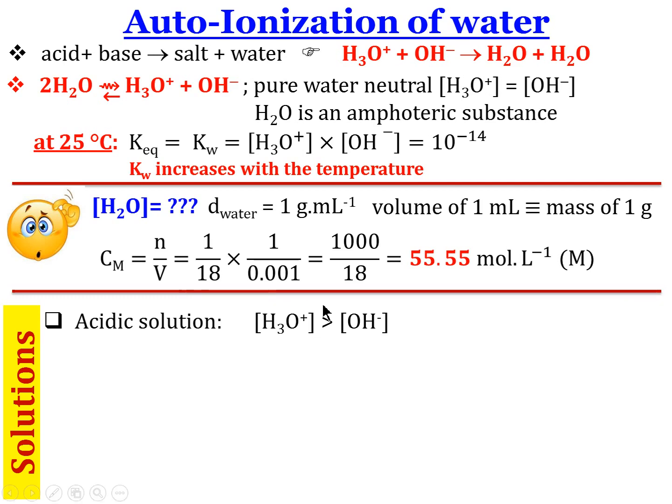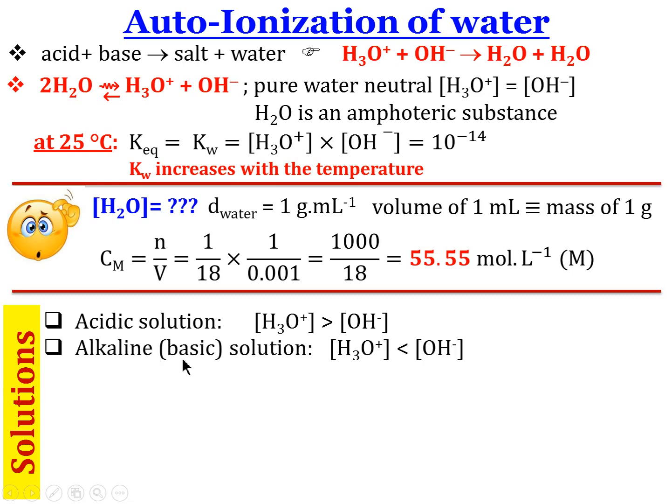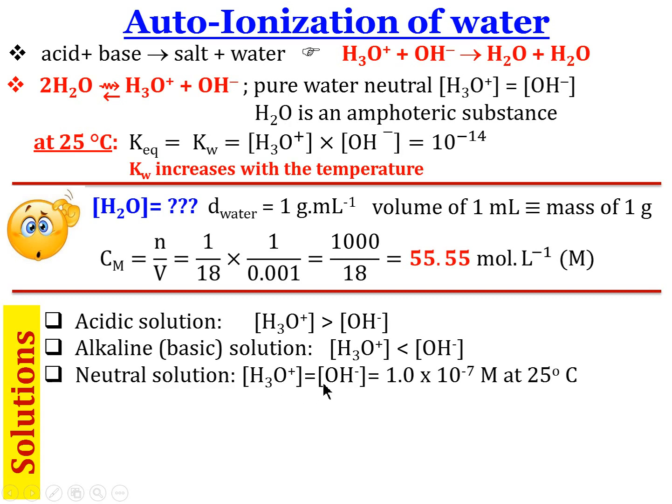If the concentration of H3O plus in the final solution is greater than that of OH minus, the solution is acidic. If the concentration of OH minus is greater than that of H3O plus, the solution is basic. And if the concentrations are equal, the solution is neutral.